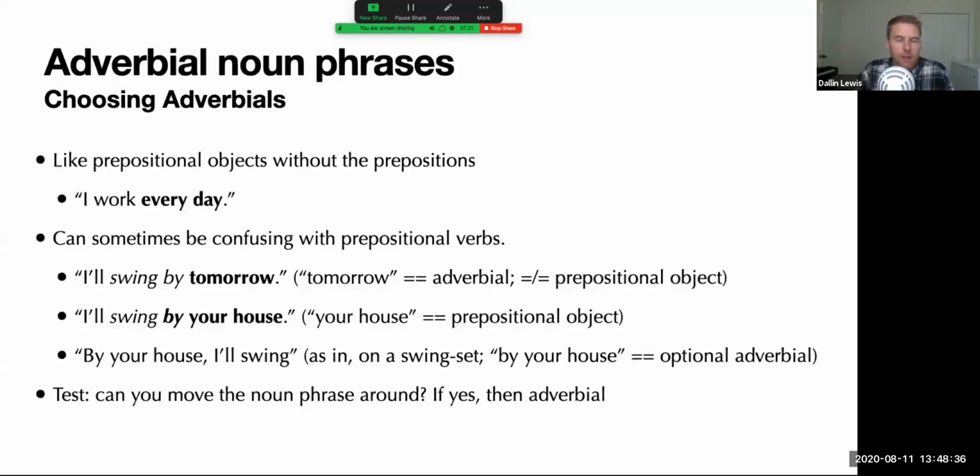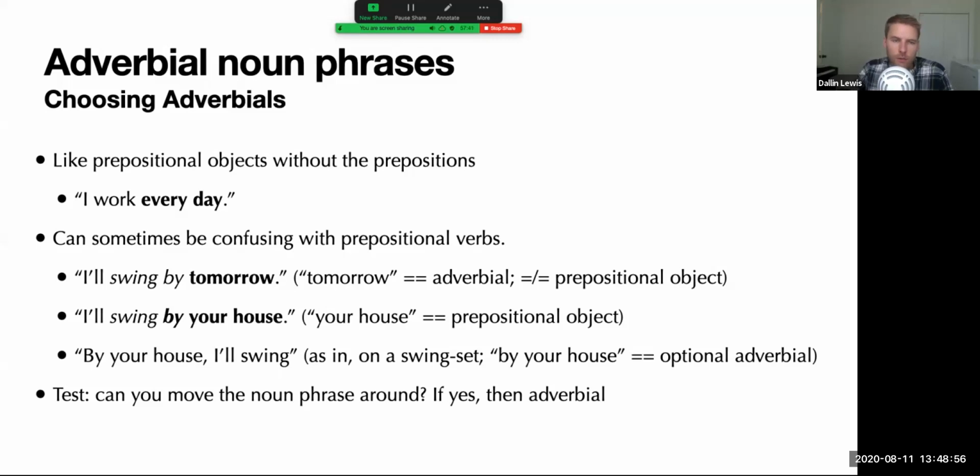Okay, nouns can also be adverbials. Now, one of the reasons it is key to think in terms of adverbials instead of adverbs is because, as we talked about, different parts of speech can play the part of other parts of speech without changing their form. It's still going to look like a noun, but it's going to be playing the part of an adverb, okay?